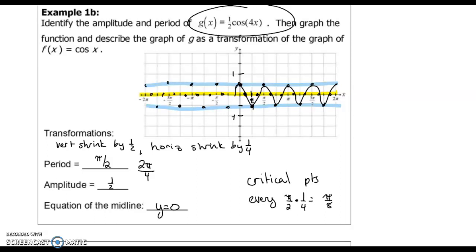All right, there we go. So you can see there's a lot more periods in this space because the period was every pi over 2. There are 4 times more periods than the normal amount of just 2 pi. And you can see how much shorter it is, and that's because of our vertical shrink.